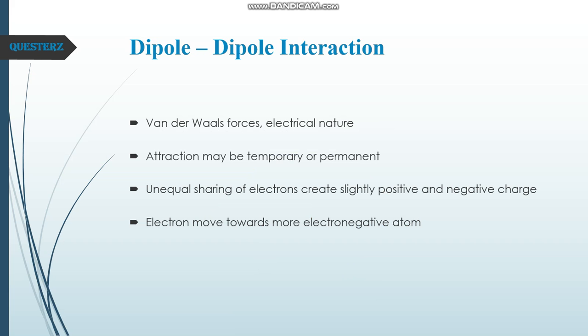So the electrons move towards the more electronegative atom. Whenever electrons move more towards an atom, it will have a partial negative charge. If electrons move less towards an atom, that will be the less electronegative atom.